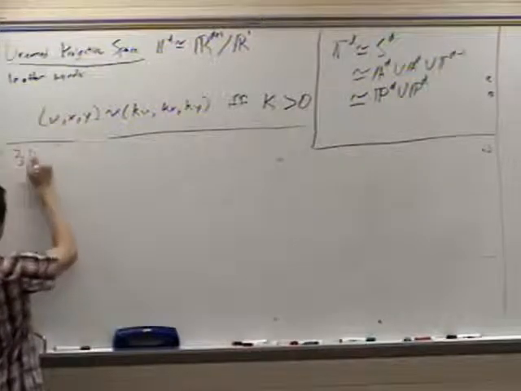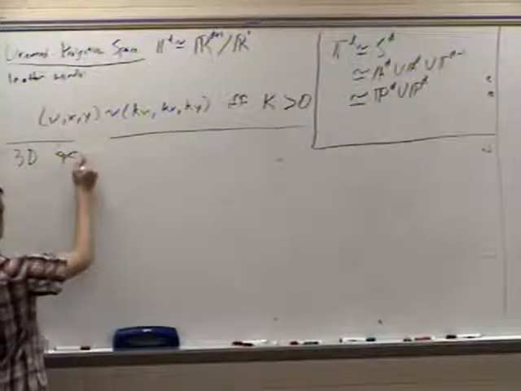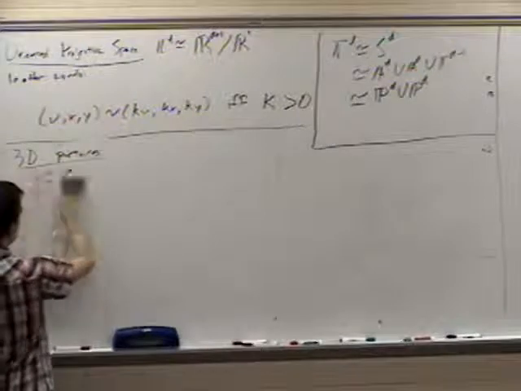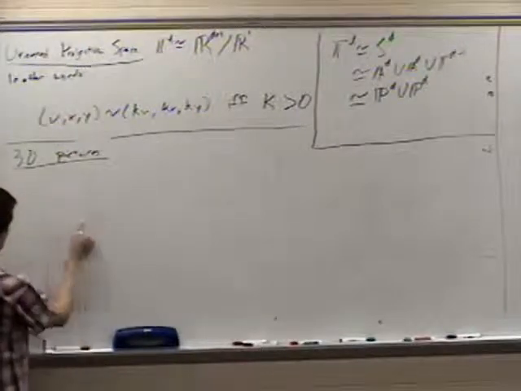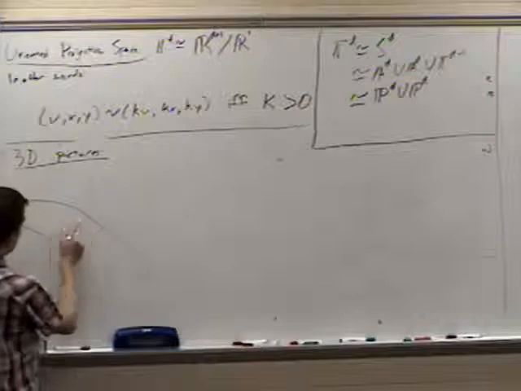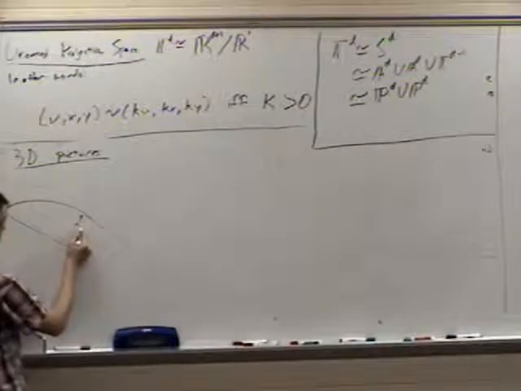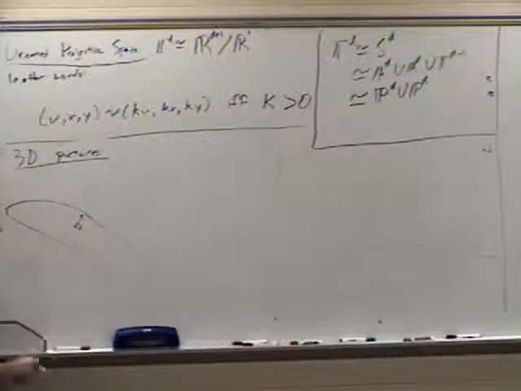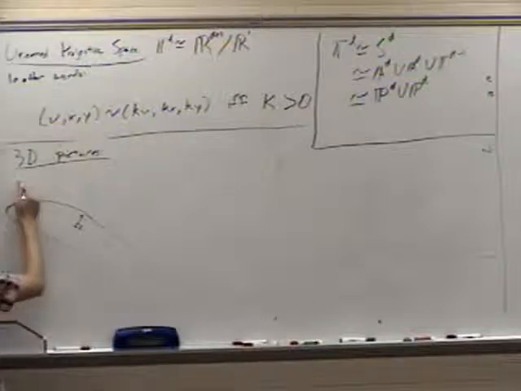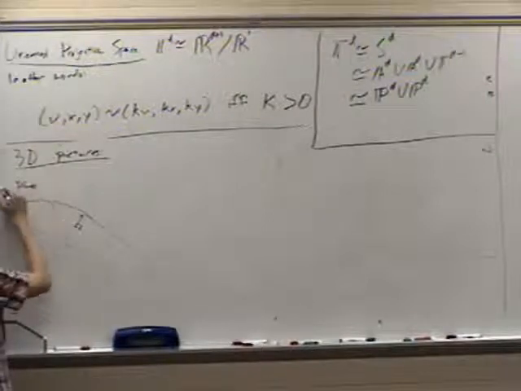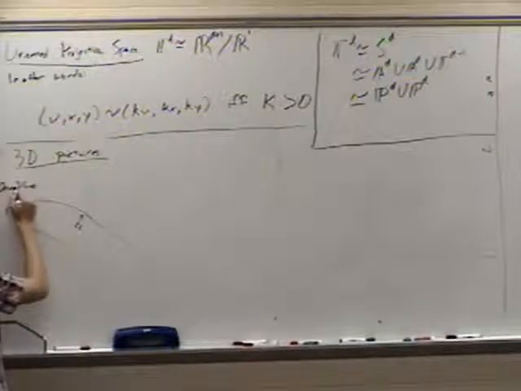So here are some 3D pictures, which may be helpful. If you have a plane in 3D, we can think of this as basically being a plane with some normal direction associated to it. So an oriented plane could look like that.